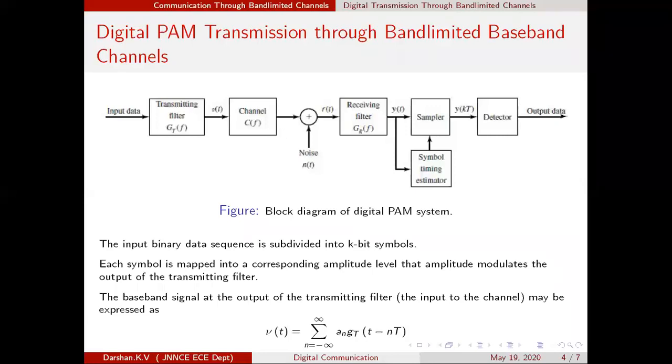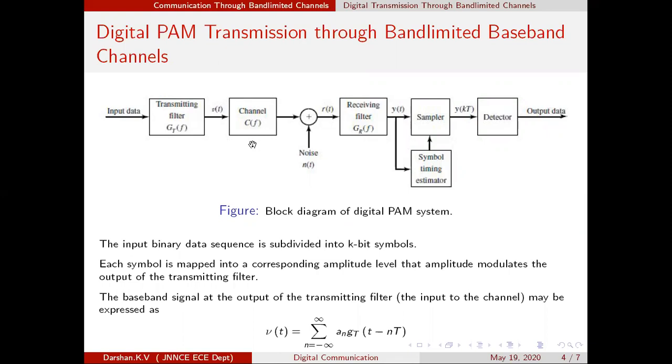Remember, in the previous class, I have explained how to model the channel. A channel is modeled in the form of a filter. What type of filter is it modeled as? Currently, the channel is modeled as a low pass filter. So therefore, we have given a block for the channel and we have written the transfer characteristic.